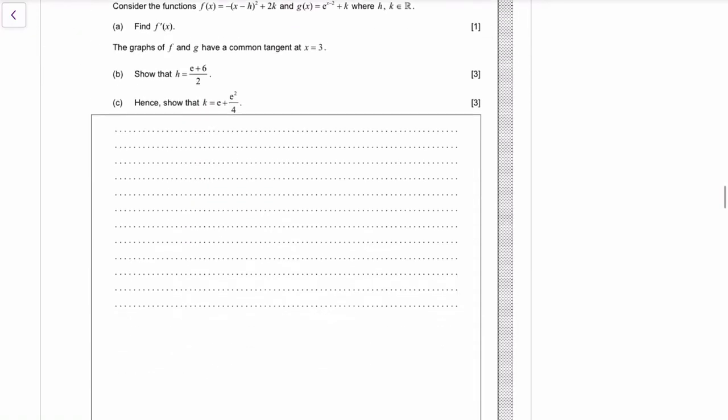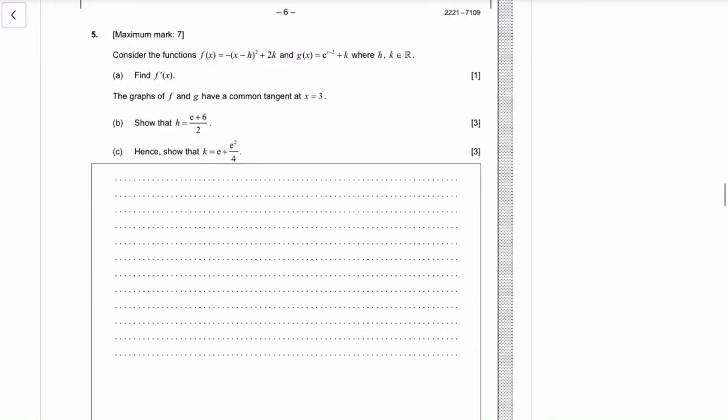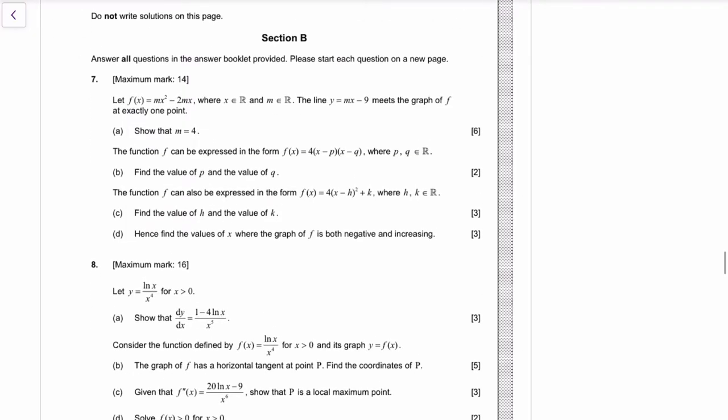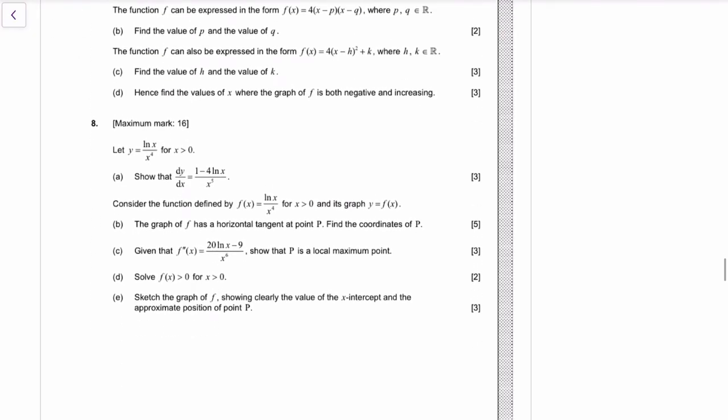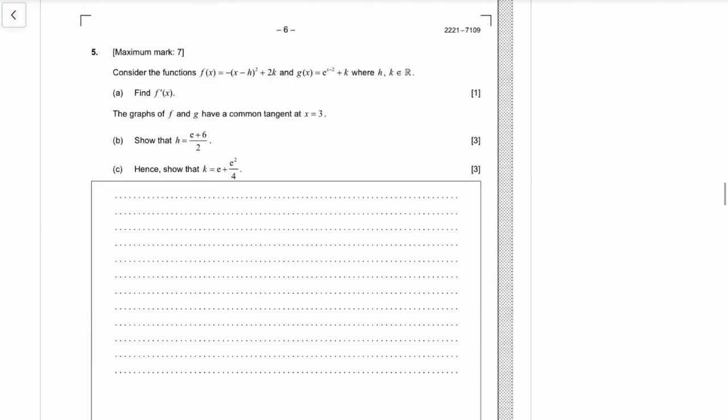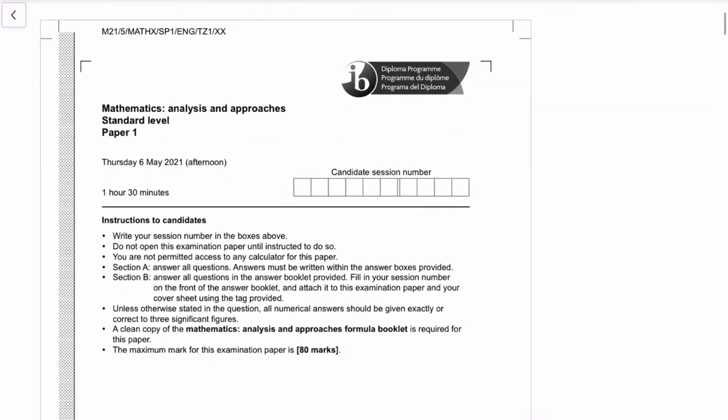So I hope you don't have to watch my solution. This is question 7, question 8, question 9. That's it. So if you really cannot find the paper, you can now do it with the screenshots.